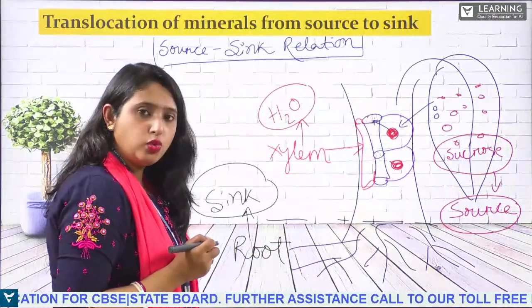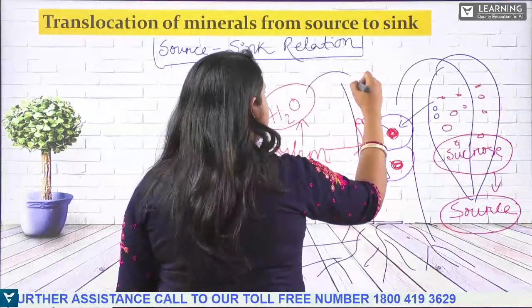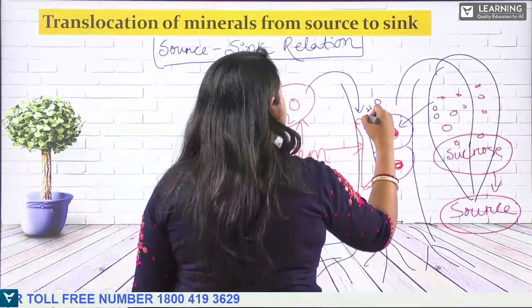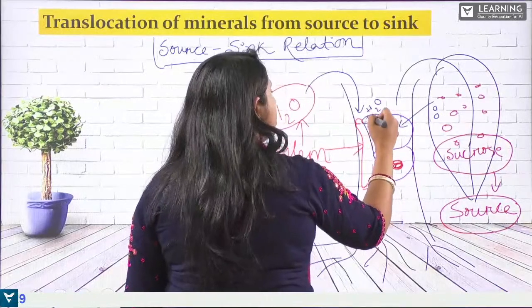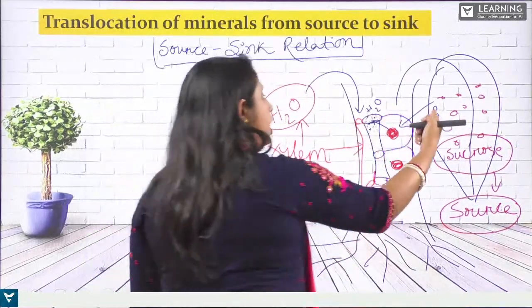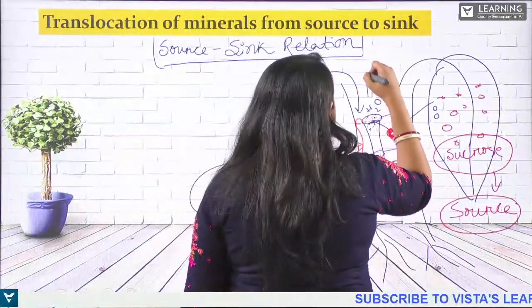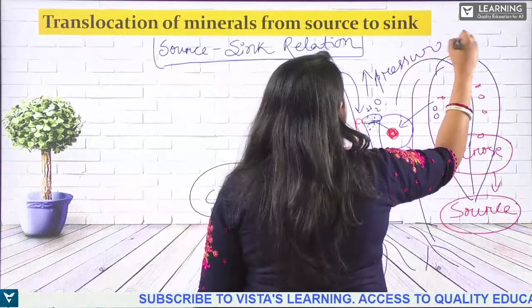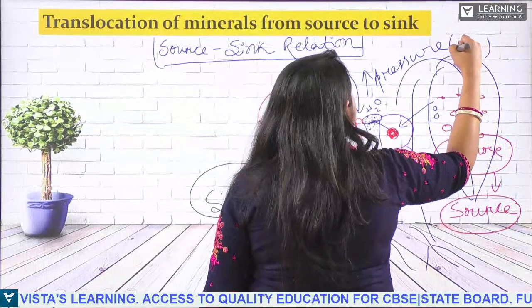Now, from the xylem, water also comes to the sieve tube. As a result, high pressure builds up here. So the pressure here is high.